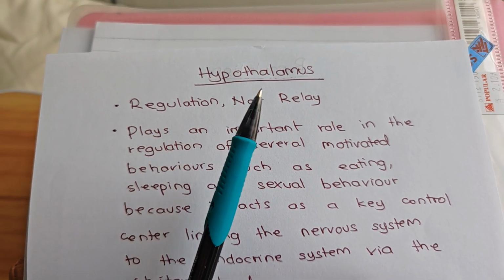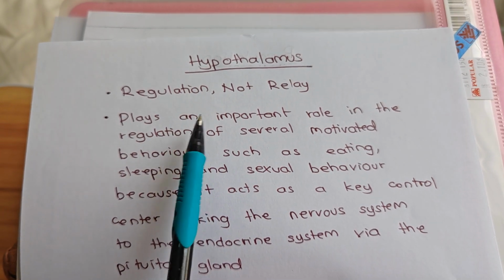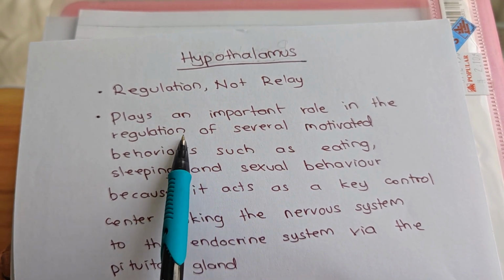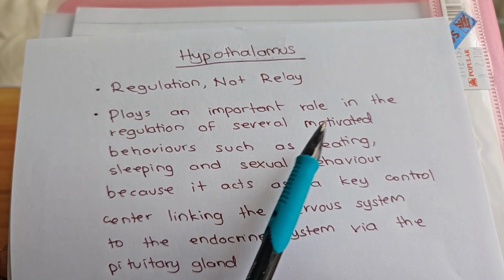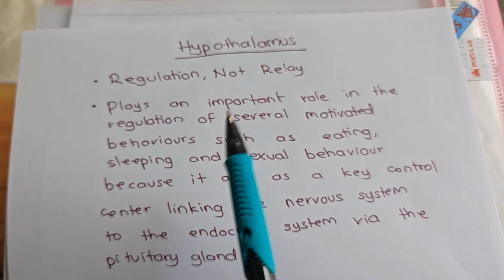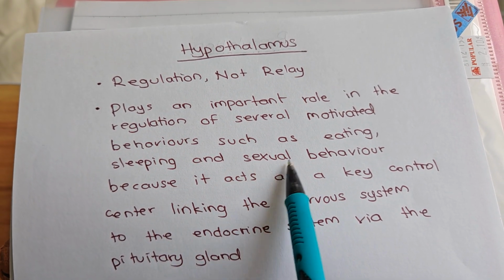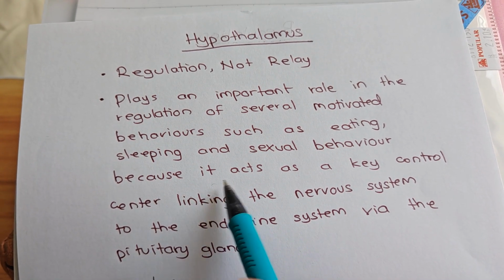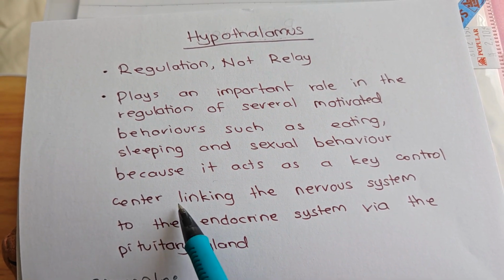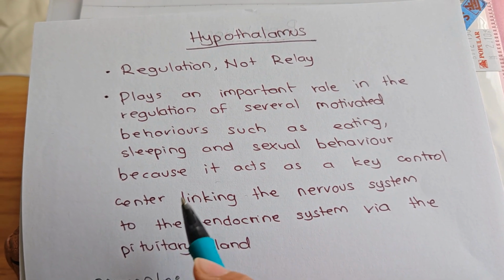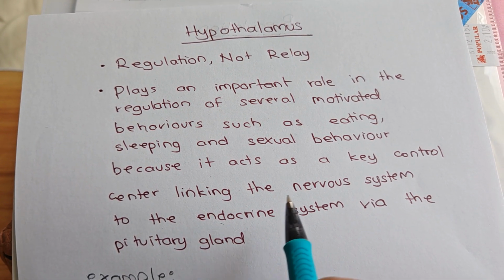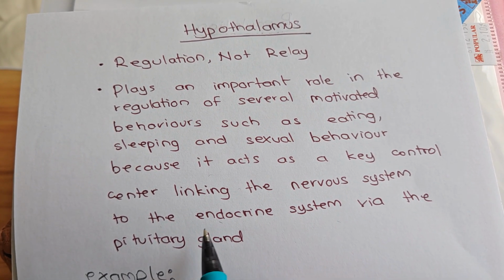It regulates. The hypothalamus plays an important role in the regulation of several motivated behaviors such as eating, sleeping, and sexual behavior, because it acts as a key control center linking the nervous system to the endocrine system via the pituitary gland.